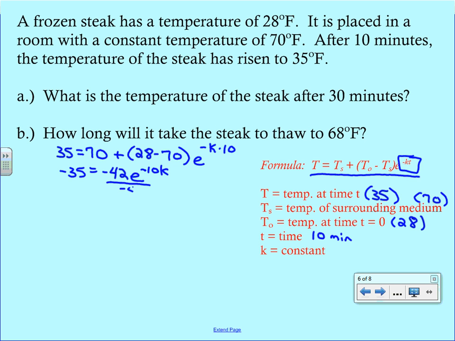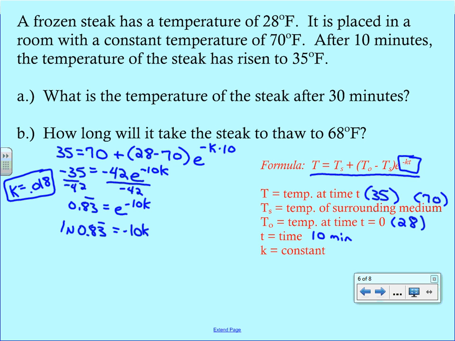We divide both by negative 42, so we end up with 0.83 repeating, which is equal to e to the negative 10k. Now we can finally take the natural log of both sides. So we have the natural log of 0.83 repeating equal to negative 10k. You divide both by negative 10, and you end up with your k value equal to 0.018. I'm going to round it off a little bit to make my answer shorter.